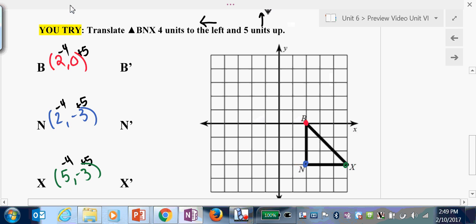And students, welcome back. You have your 3 points there, and then we're going 4 units to the left. That means we're subtracting 4 on the x-axis, and 5 units up, we're adding 5. So our new coordinates here, that's 2 minus 4, that's negative 2, and then positive 5. Let's plot that, negative 2, positive 5. Right there, that is our B prime.